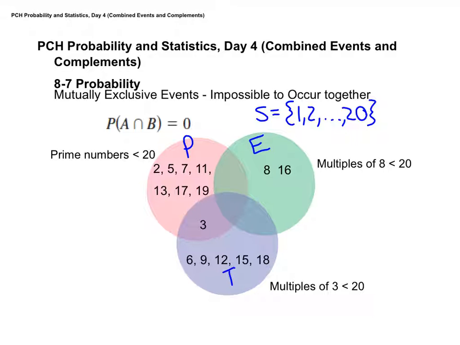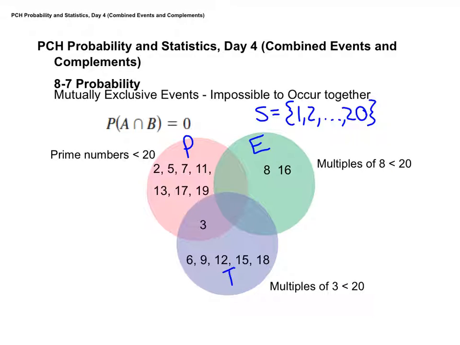Here you see the set of prime numbers: 2, 3, 5, 7, 11, 13, 17, and 19. Those are all the prime numbers less than 20. Then here we have set E, the multiples of 8 that are less than 20, so we only have 2 elements there, 8 and 16.